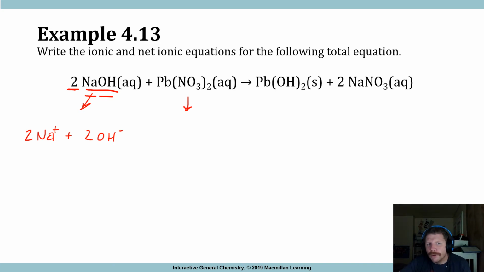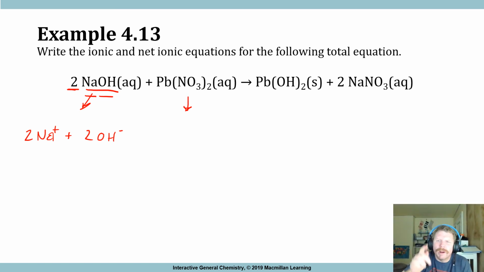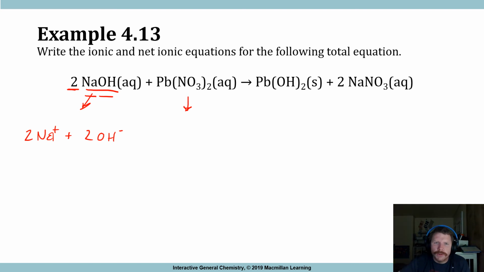Now, how did I know that it split NaOH rather than NaO and H? Well, I know my polyatomic ions, and I know that I'm working with ionic compounds, so I want to figure out where those ions are and split it accordingly. So the next one will be plus Pb2+ and 2 NO3 minus.